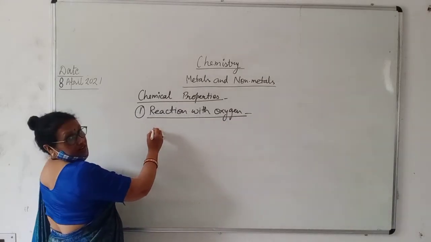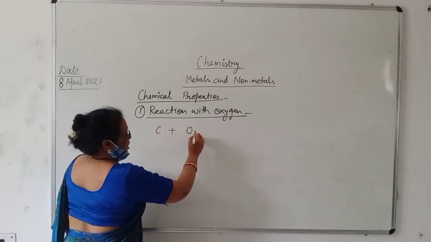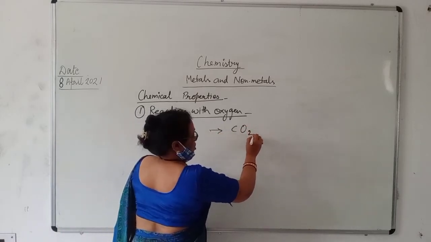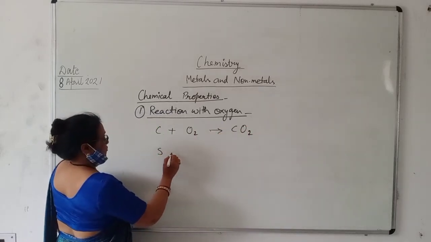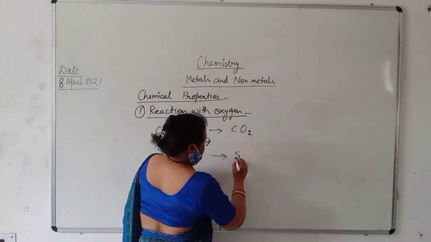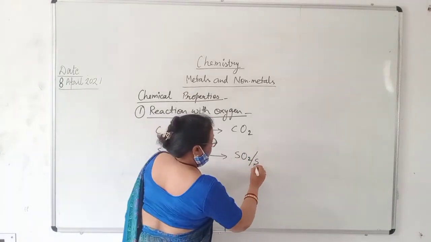If we take any non-metal like carbon, and heat it in oxygen, it will give carbon dioxide. If sulfur is heated in air, it will give sulfur dioxide or sulfur trioxide.